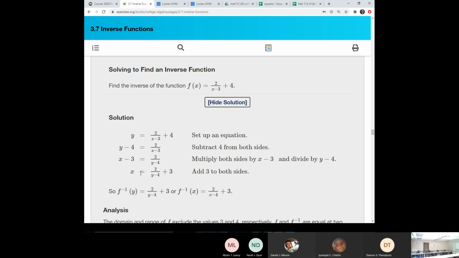And now add 3 to both sides, and I have x by itself. And so f inverse of x is that very function.